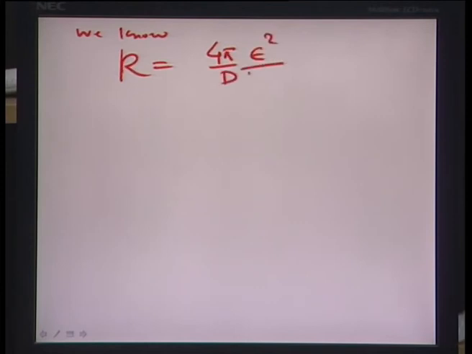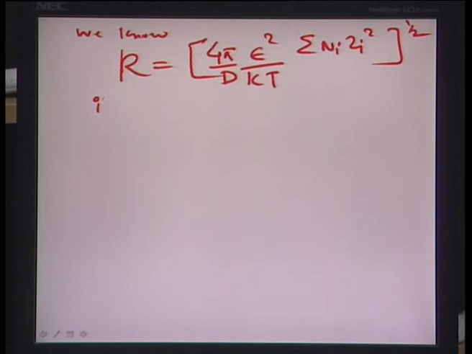Here we know that K is also (4 pi d epsilon square by kT sigma n i Z i square) to the power of half. We can do a little bit of change here with this n i term.